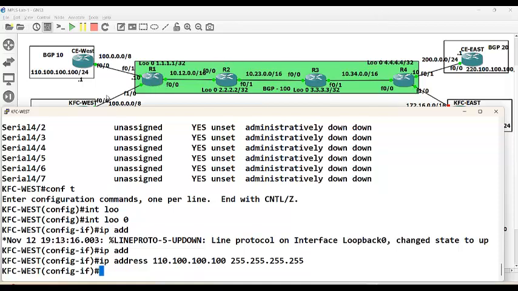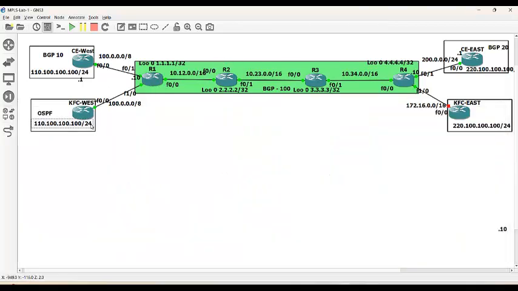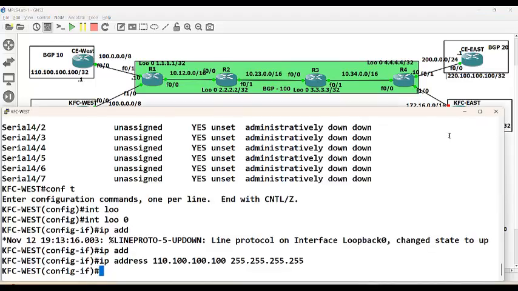Actually, it's not a 24 mask, it's 32. Usually on loopbacks we don't give 24, it is 32. Even if you give 24, OSPF will consider it as 32. OSPF will not advertise your 24. When OSPF advertises, it will advertise as 32. So better give 32 on loopbacks.